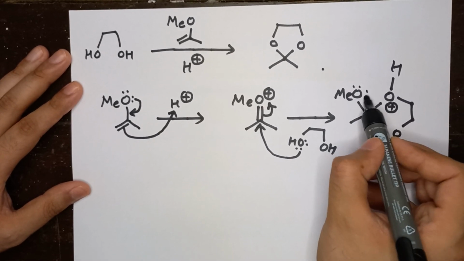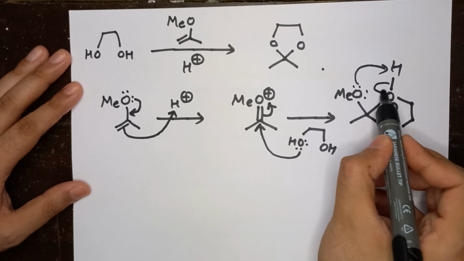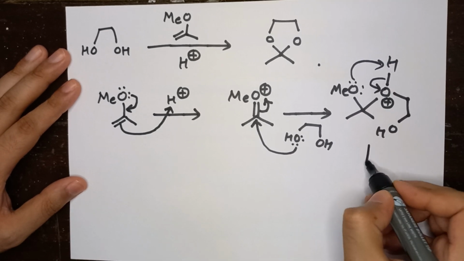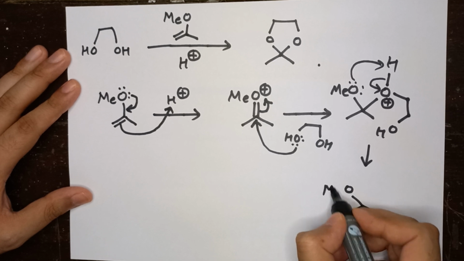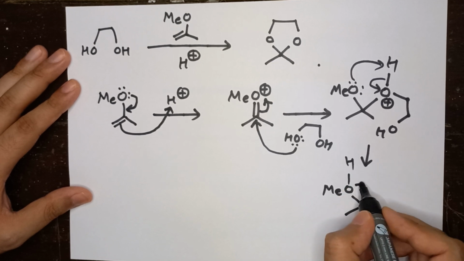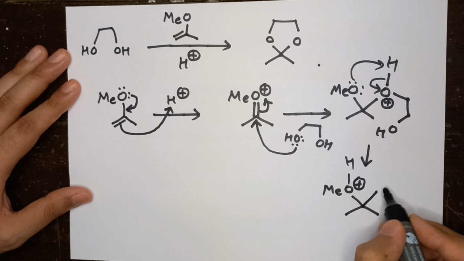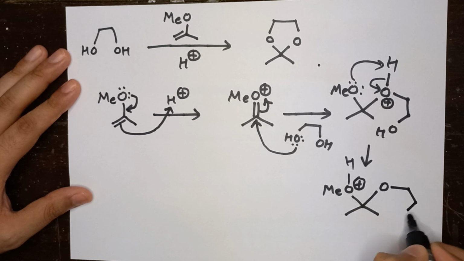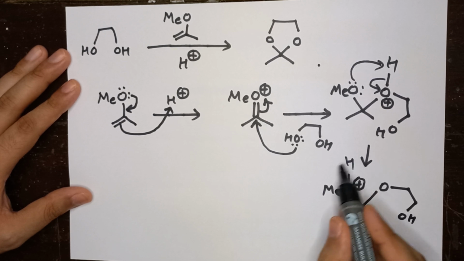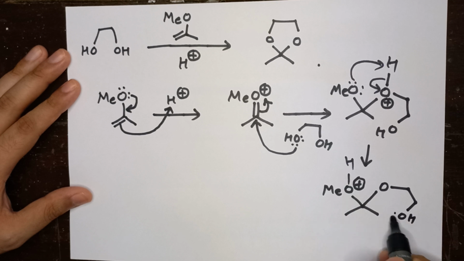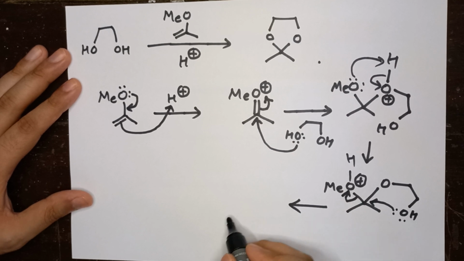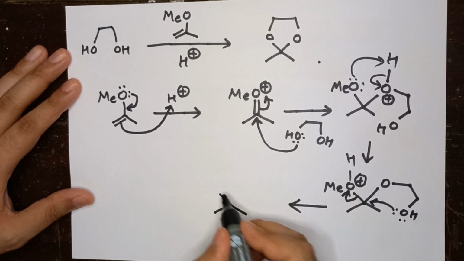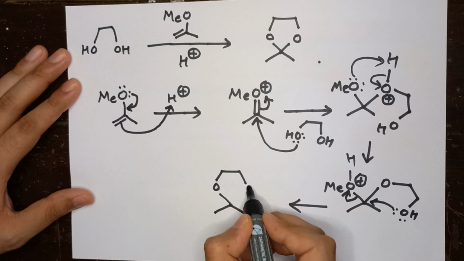Now intramolecular hydrogen transfer will take place, neutralizing oxygen, will give me OMeH plus, oxygen CH2CH2OH. Now this can leave as a good leaving group in a neutral form. So this oxygen lone pair will attack here. Methanol is going to leave, and we have OCH2CH2O.